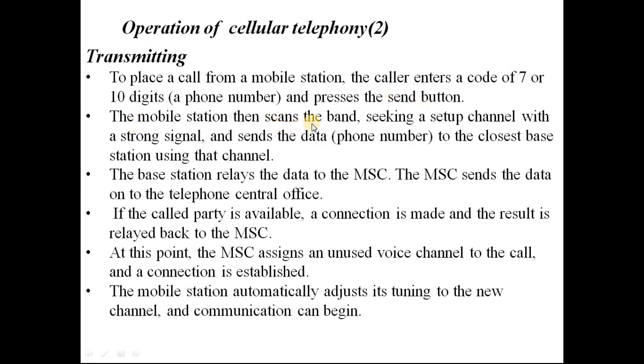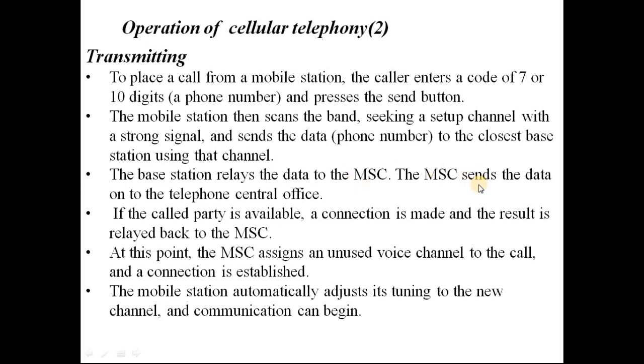The mobile station then scans the band, seeking a setup channel with a strong signal, and sends the data, that is the phone number, to the closest base station using that channel. So under whichever base station the mobile belongs to, it will send the phone number to the base station. The base station will just forward that phone number to the mobile switching center.